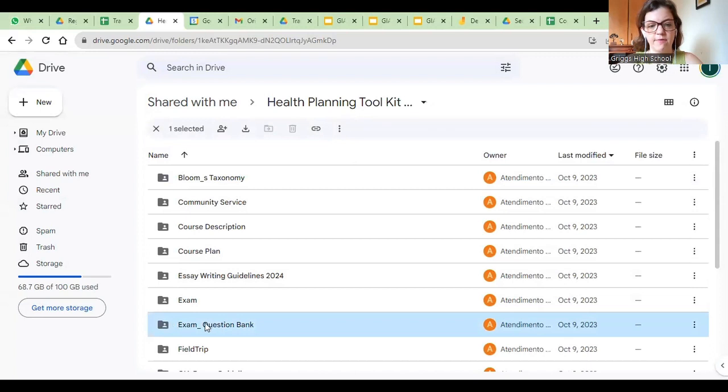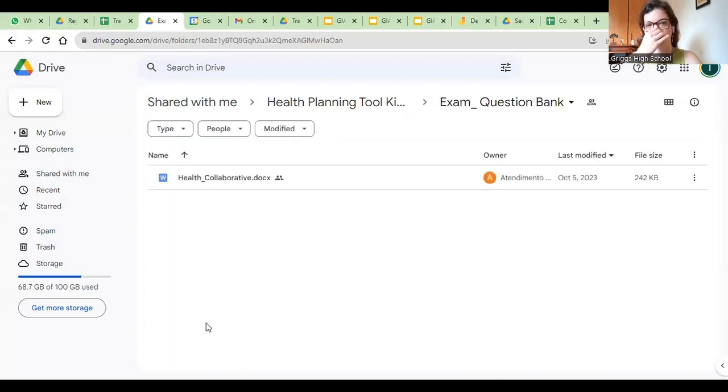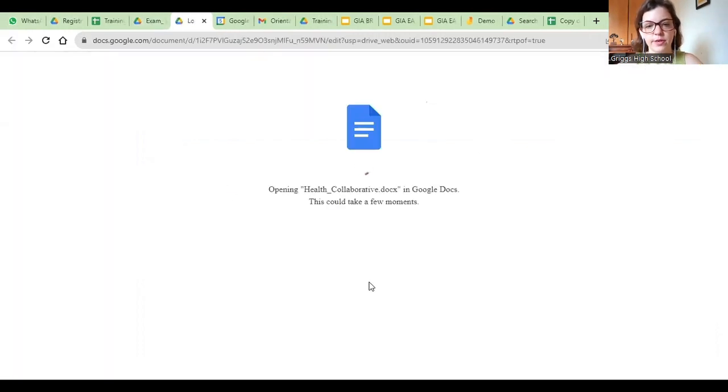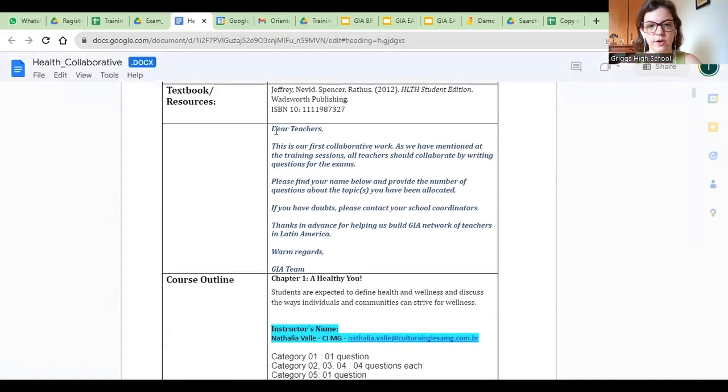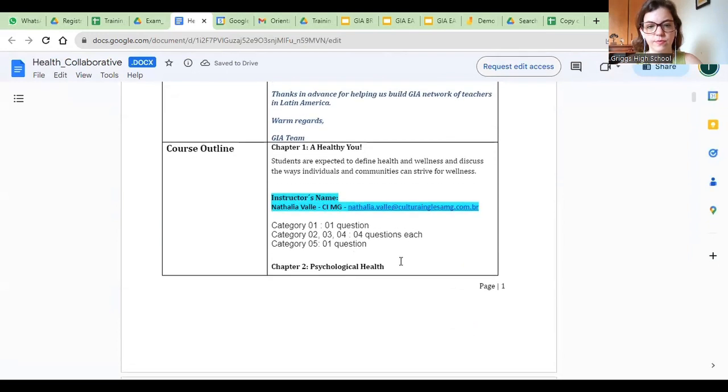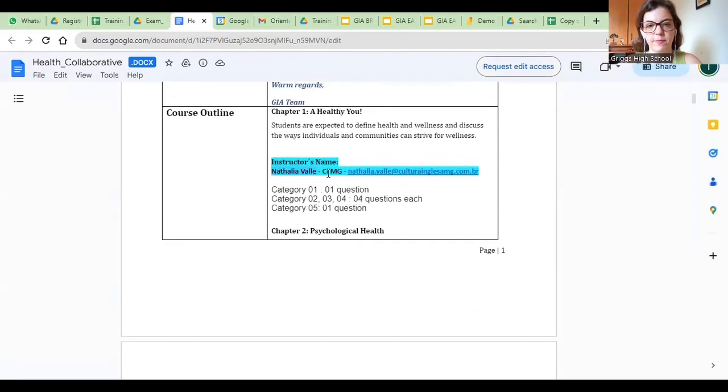For the exam, we have a question bank, which is made by the teachers, okay? In collaboration. So we have this document. Here are the instructions. And so you have the person who created the question and the questions that they created. One question for category 1, 4 questions for categories 2, 3, and 4 each, and 1 question for category 5.